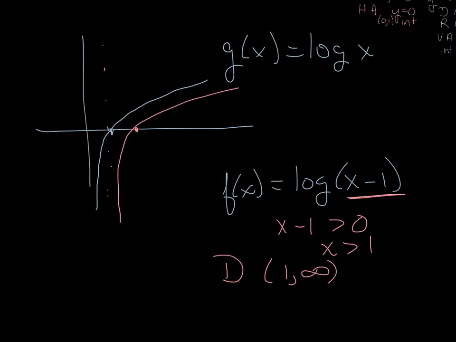So that's how that one shifted. It shifted 1 to the right. We have a new asymptote at x equals 1. Remember, anytime you're giving me the equation for an asymptote, I want to see the equation, not just a number. And it's always an x equals if it's a vertical asymptote.